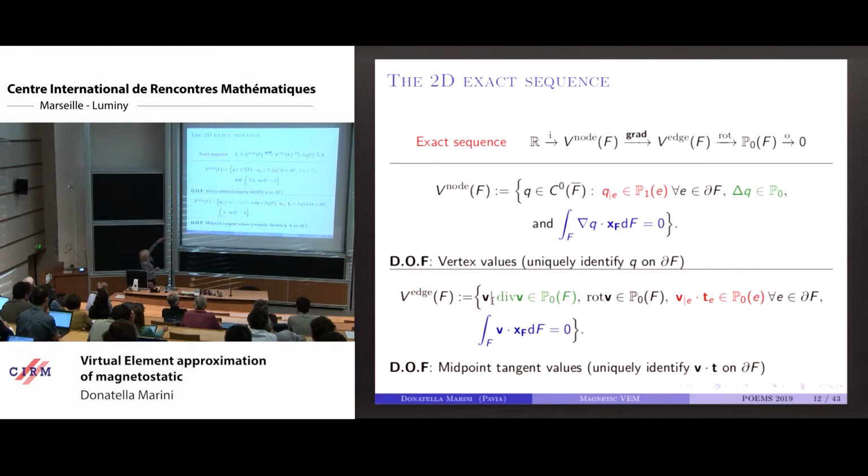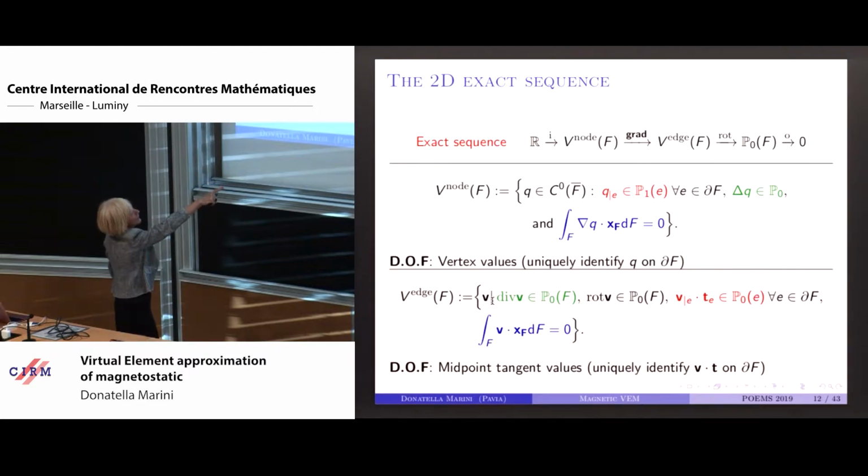And here is a summary of the definition with different color. V node is there, and with its degrees of freedom, values at the vertices. And the edge is here, and I use different color to show you what goes into what. So if you take the gradient of a nodal, you see that since Q is linear on each edge, the vector V equal grad Q will have tangential component constant.